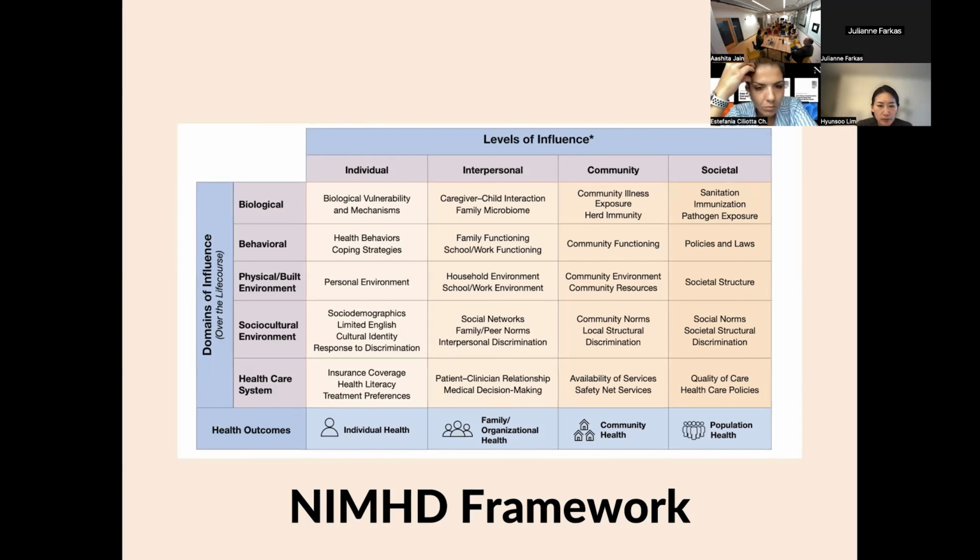They divide the kinds of intervention you can do by four levels of influence: individual, interpersonal, community, and societal. And in 2019, they found that a majority of the grants they give to other researchers, 91%, are focused on the individual.